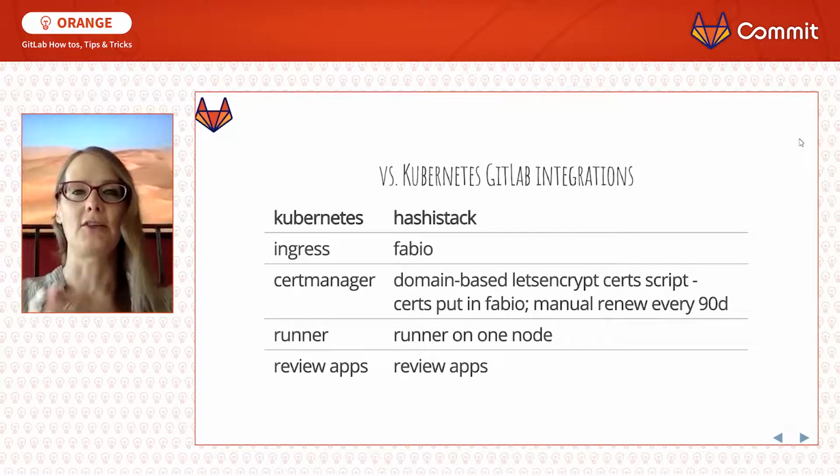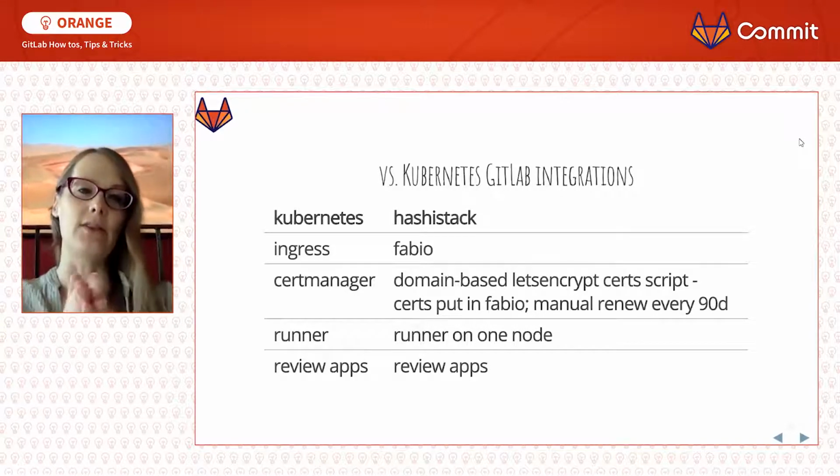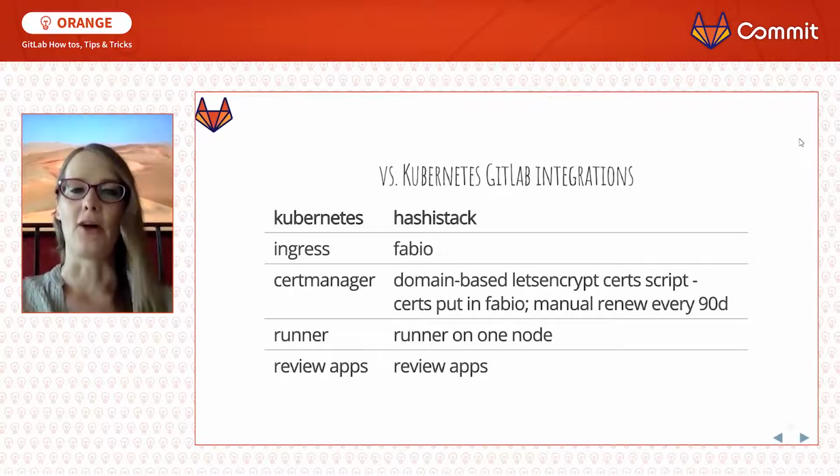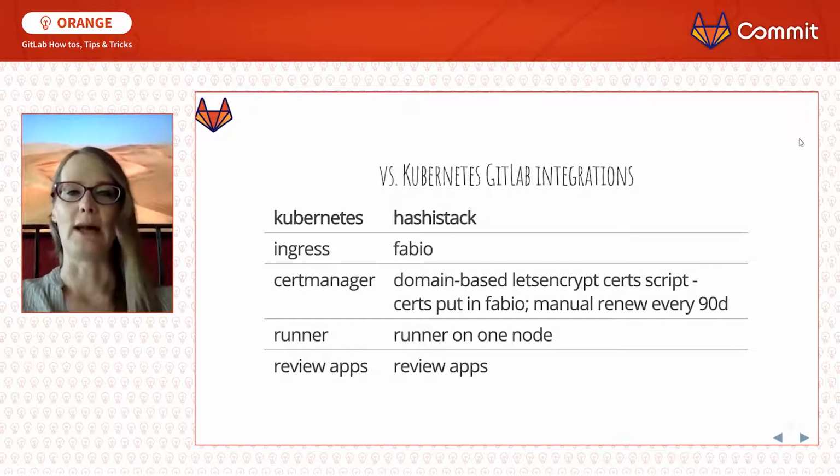So once you've got a Kubernetes cluster up and tied in, you just usually press one button and you get your ingress, one button and you get your cert manager for HTTPS, and one button so you get your runner for running your CI/CD.